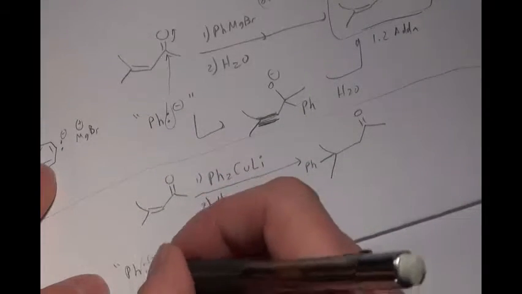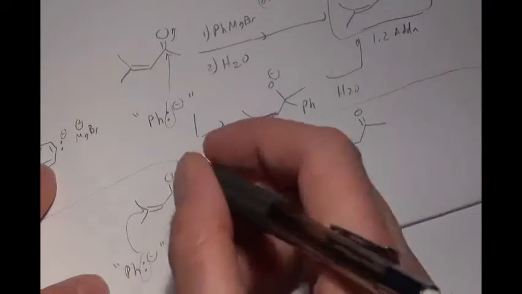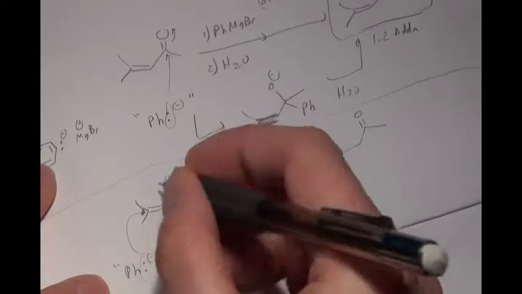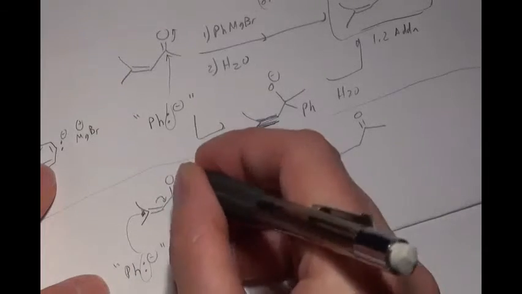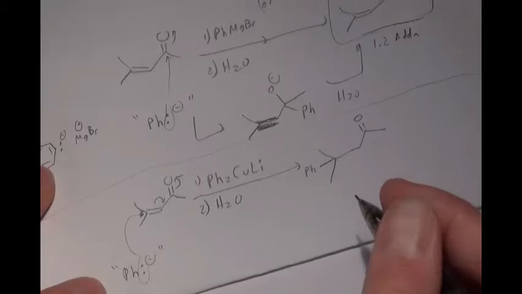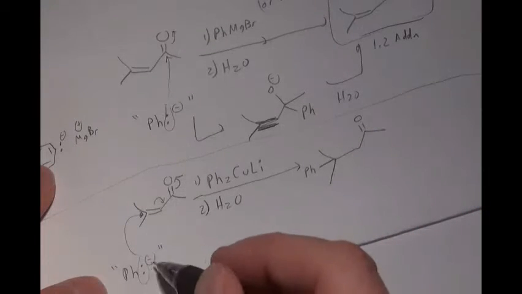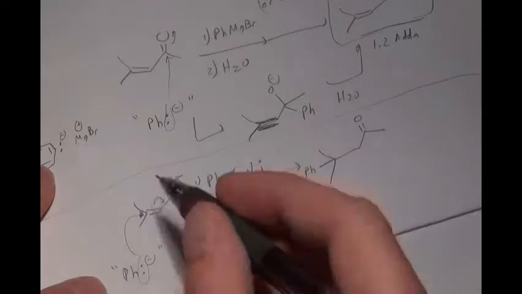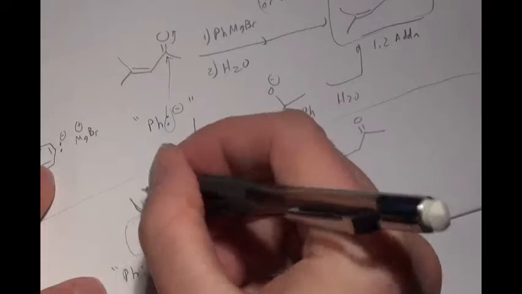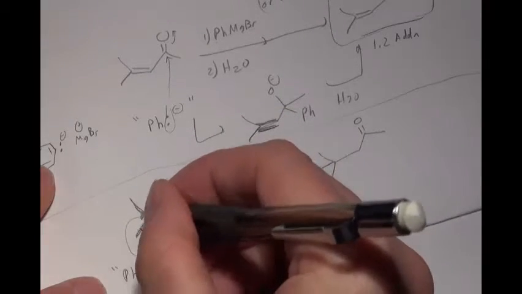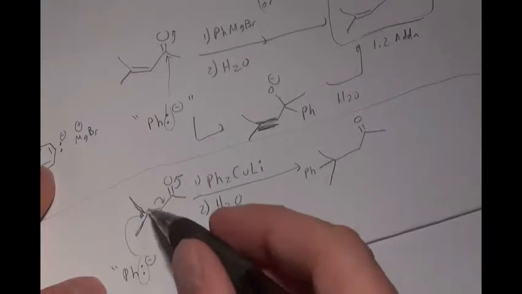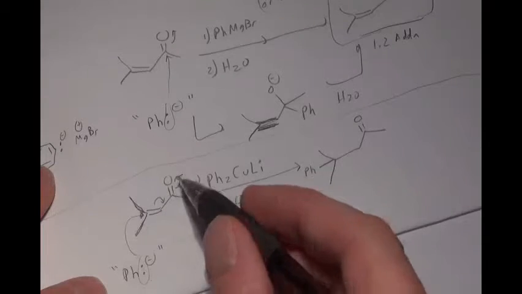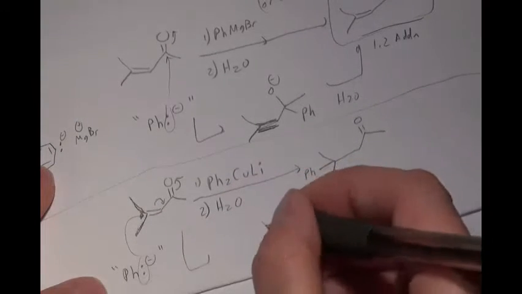So now all we do is have the Grignard attack. Sorry, the cuprate. Make an enolate. That's easy, right? Phenyl minus attacks the carbon. Electrons move to make an enolate, and what does that make?